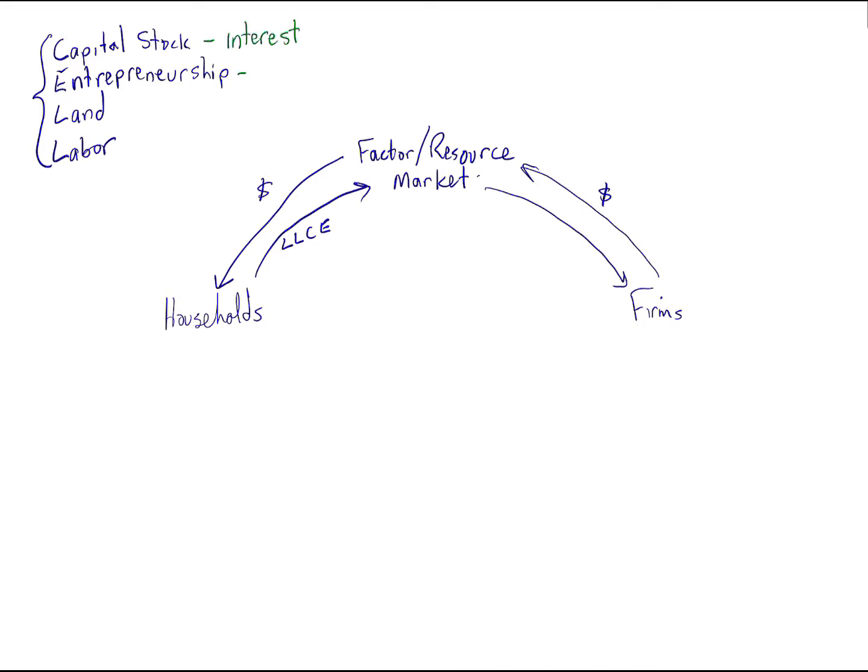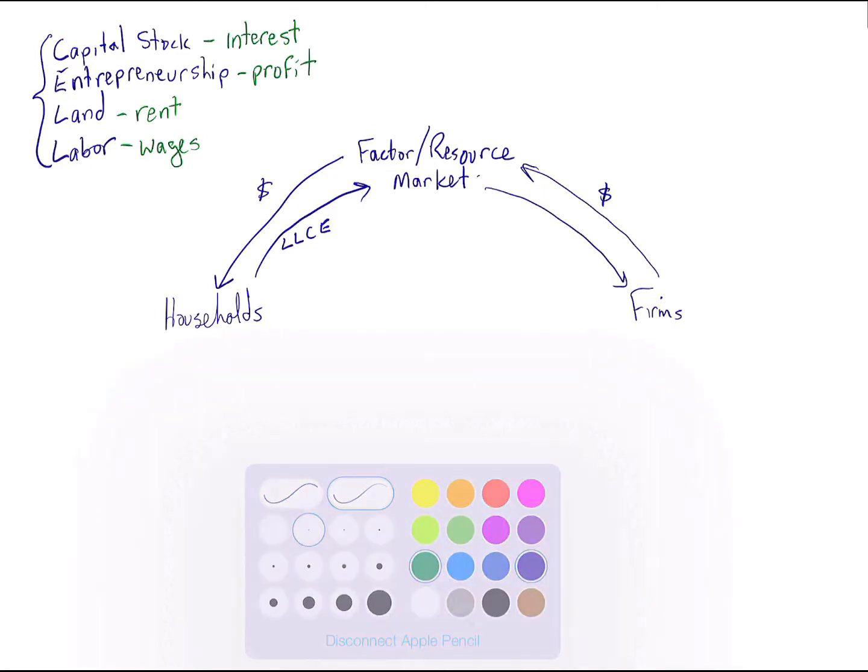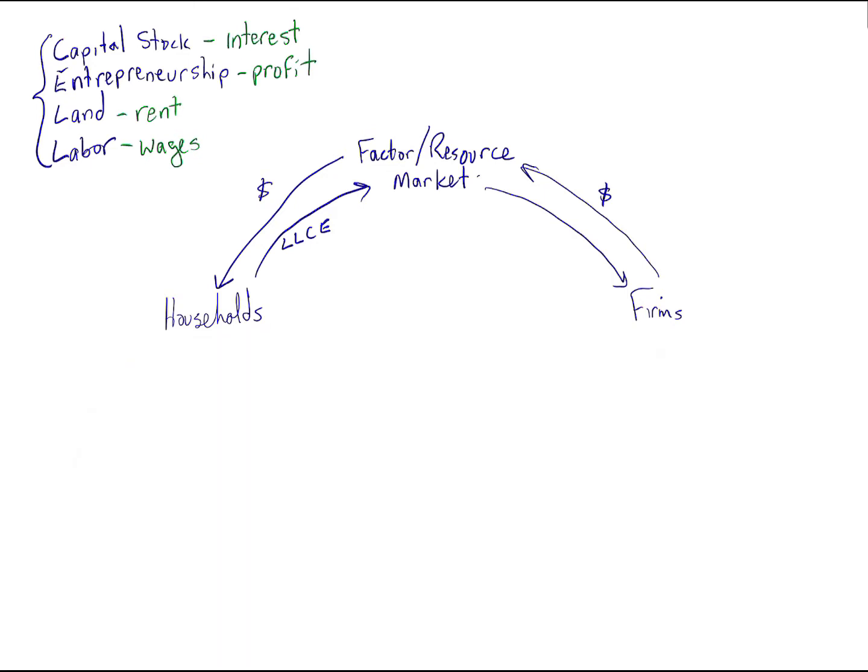For entrepreneurship, we call it profit. For land, we call it rent. And for labor, we call it wages. You can call it whatever you want. It's dollars that are going from firms to households to pay for the factors of production. So that's one side of the circular flow diagram.